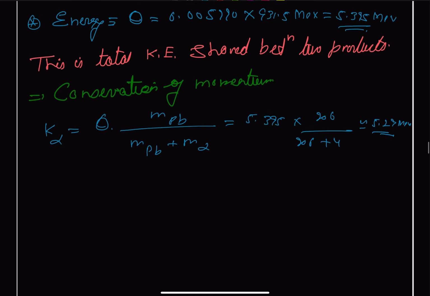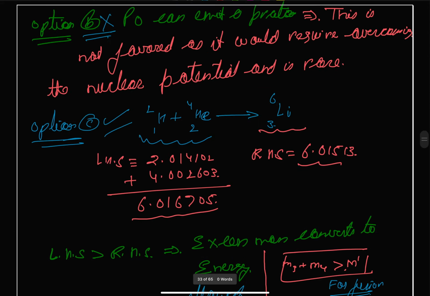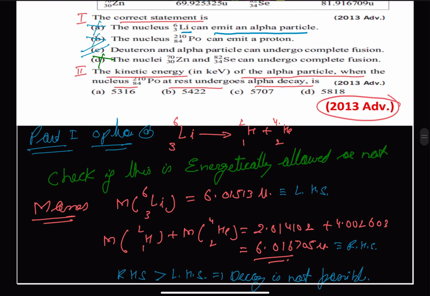Therefore, the kinetic energy of alpha will be 5290 kilo electron volt. So the closest one, because I approximated it, will be 5316 kilo electron volt. Option A is correct.